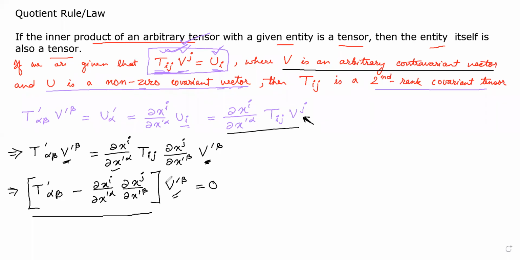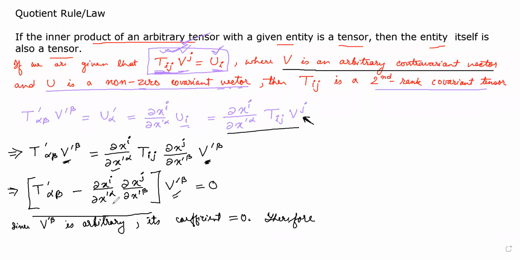So since V prime beta is arbitrary, its coefficient should be equal to 0. Therefore, there is only one possibility. The possibility is that the term inside the bracket should be 0.